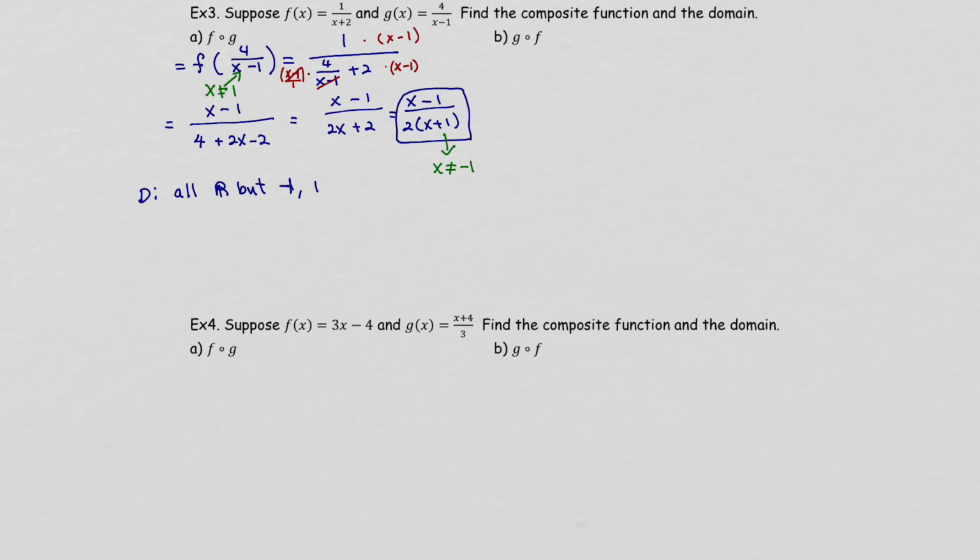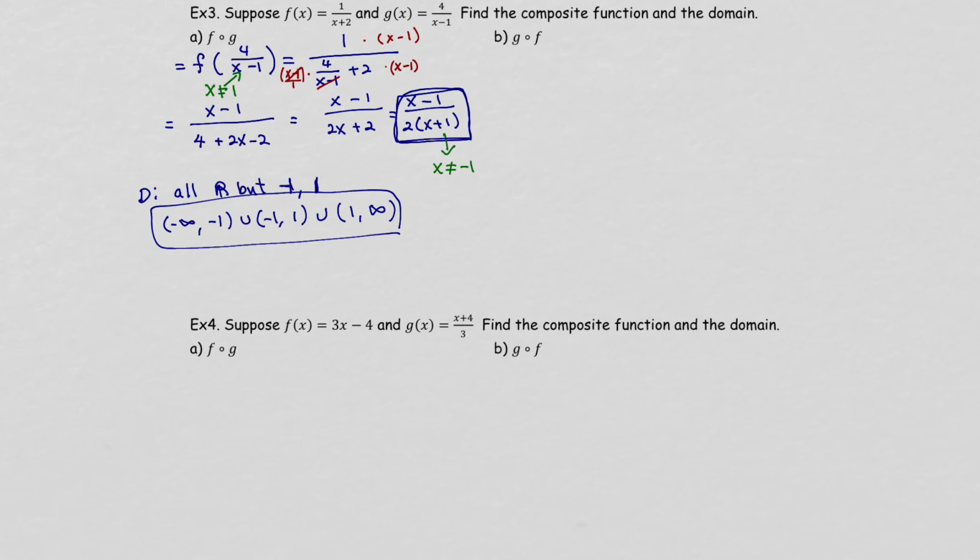One restriction from the composition function, the other restriction comes from your inner function. The way that you're going to write this in interval notation is negative infinity to negative 1, negative 1 to 1, 1 to positive infinity. So that will be the domain, and that will be the composition function.